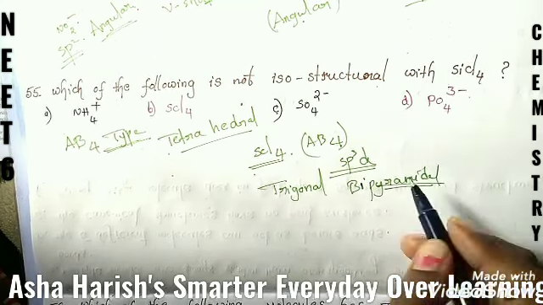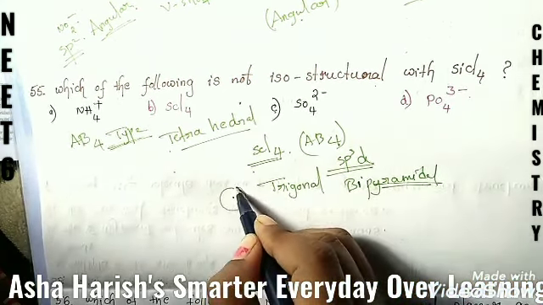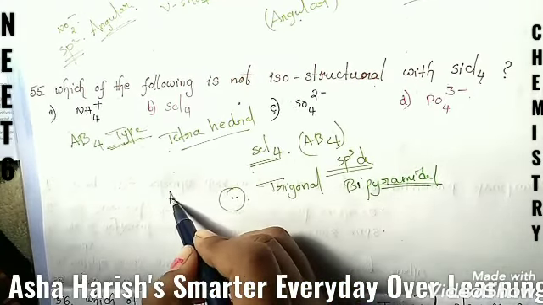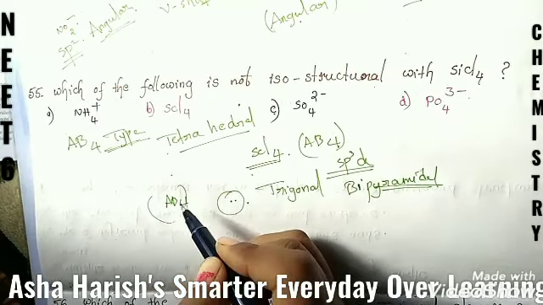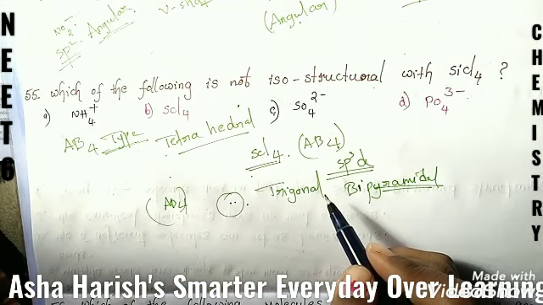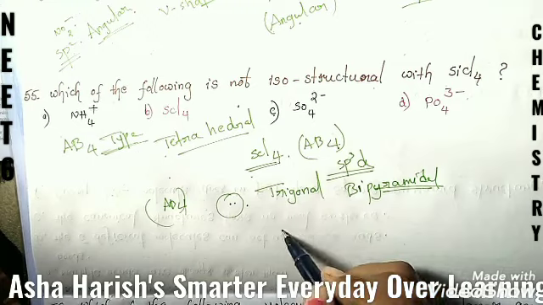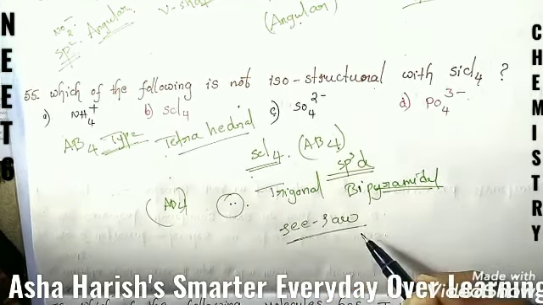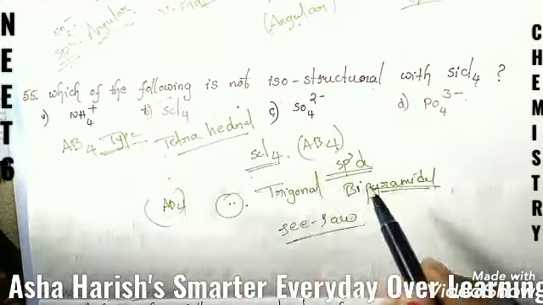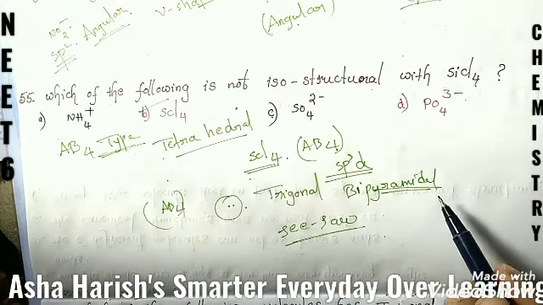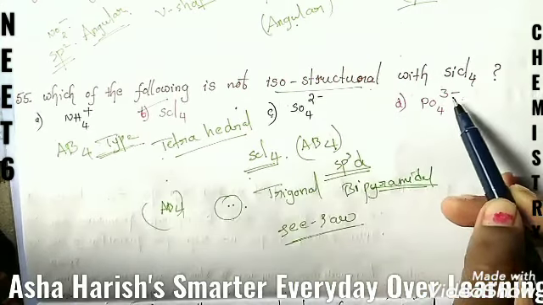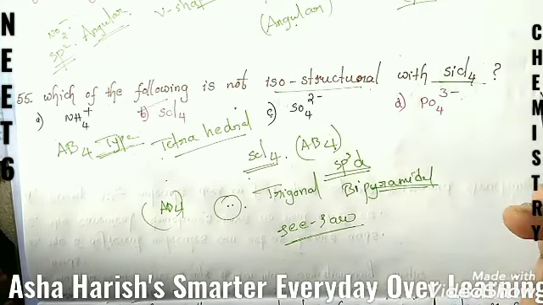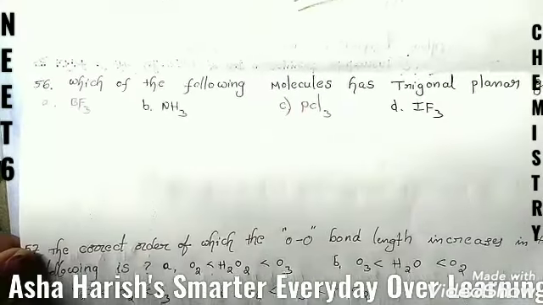Due to the presence of one lone pair of electrons in the basal hybrid orbitals, the shape of AB4 lone pair species gets distorted and becomes distorted tetrahedral or seesaw shape. Now what's the answer we have here? SCl4, that is not isostructural with SiCl4, silicon tetrachloride.